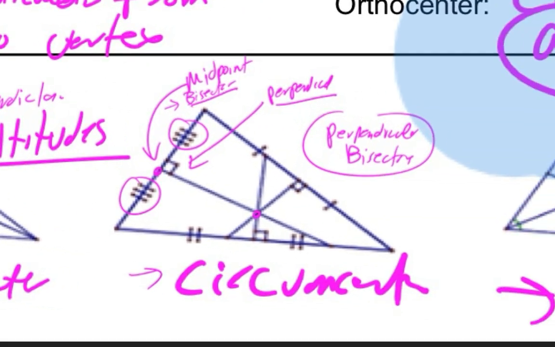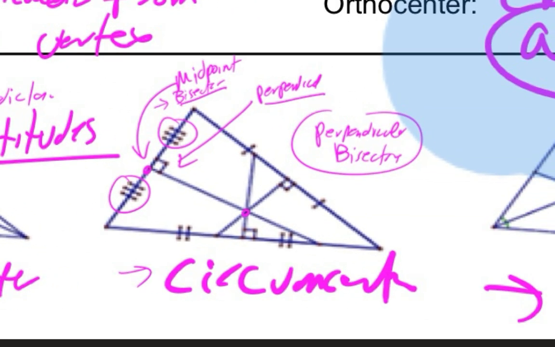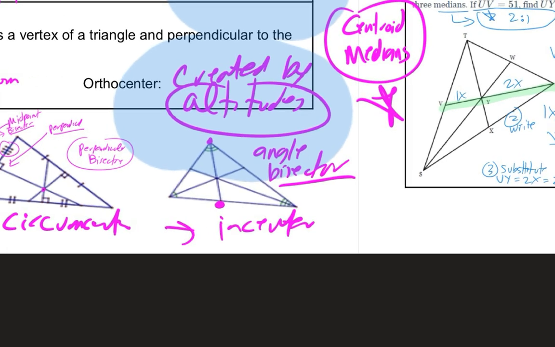Okay, then we talked about the circumcenter. Circumcenter is created by perpendicular bisectors. It's perpendicular because we see that 90, and it's bisecting because it cuts that segment into equal parts. That's called the circumcenter. And then we said the last one was the angle bisector.